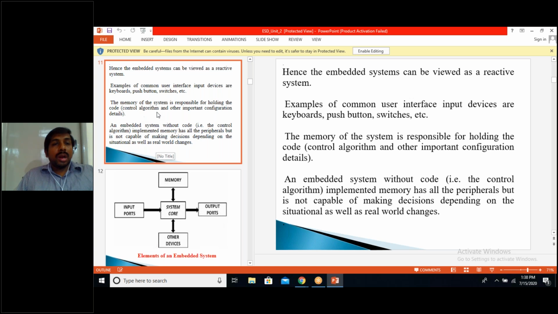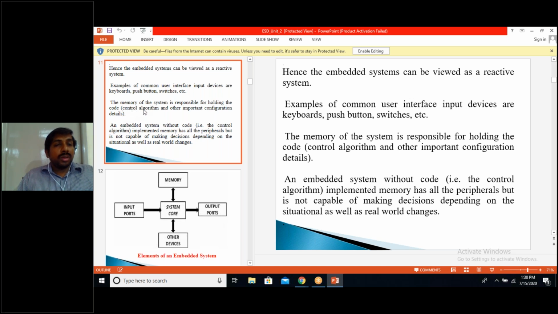That program is called the control algorithm. If you consider an elevator, if two persons are simultaneously operating, based upon the program already given in the hardware, this elevator will decide which position to go to. Like that, the contents of the memory will decide its operation.